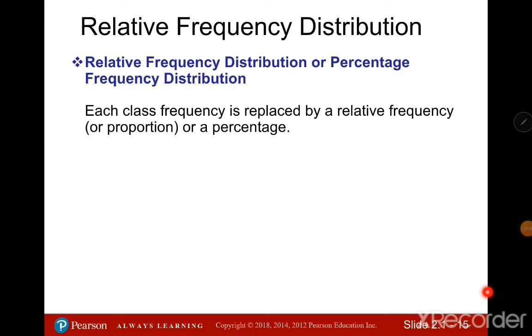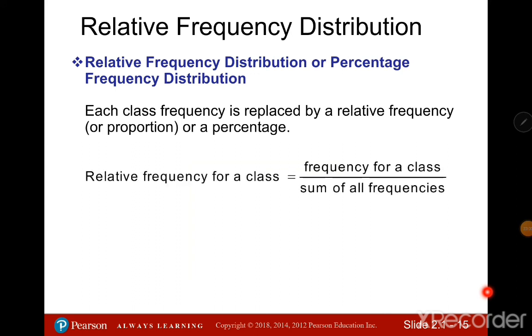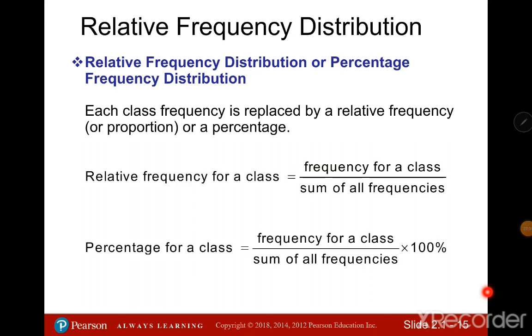Of course, we have another transformation of the frequency table, which is called a relative frequency table. It is just the same as the frequency table, but we do not use frequency. This time we use relative frequency to replace frequency. The first column, we just do the same thing.